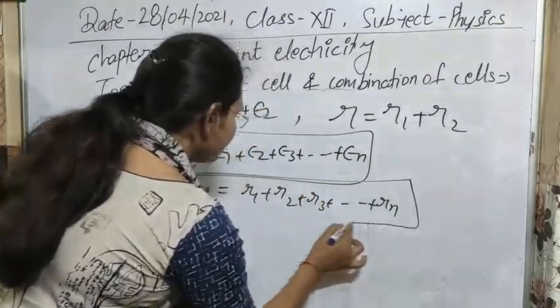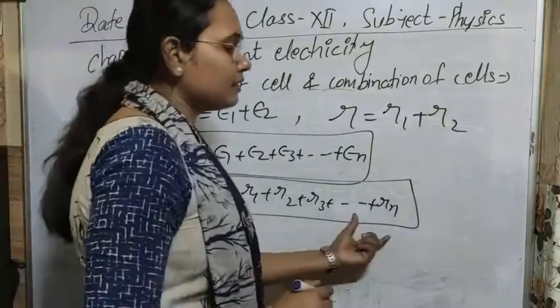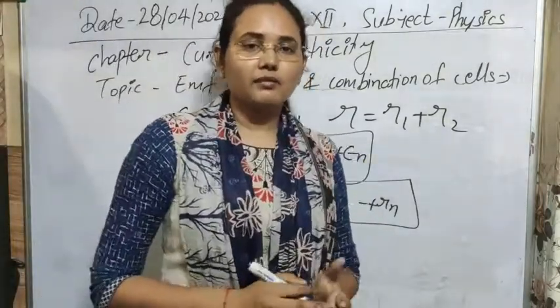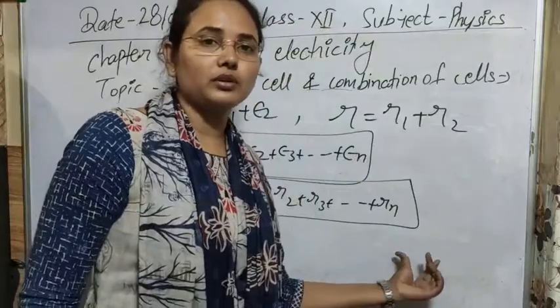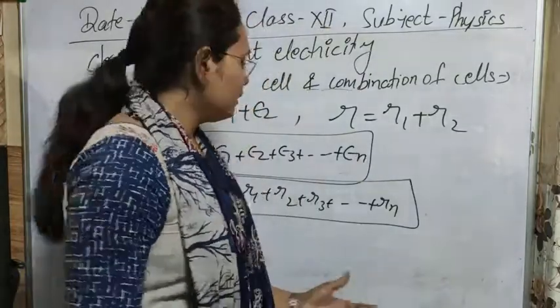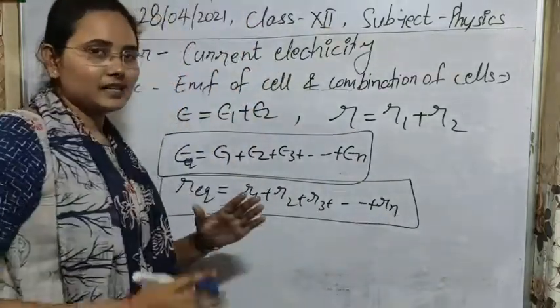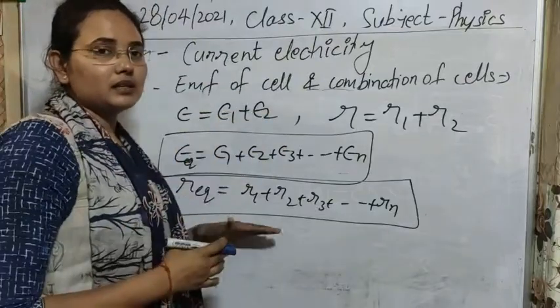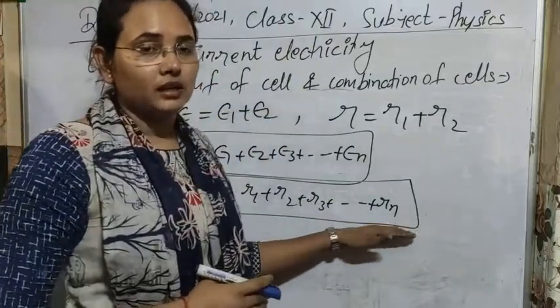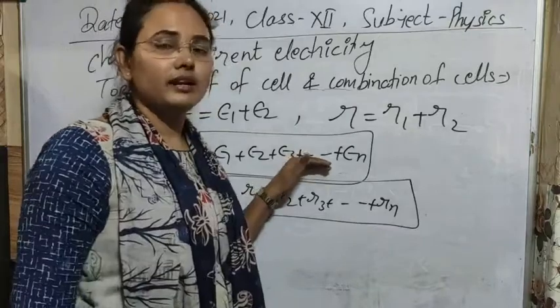This resistance formula is just like the external resistance in series combination. So whenever we connect cells in series, the internal resistance increases, and the EMF also increases.